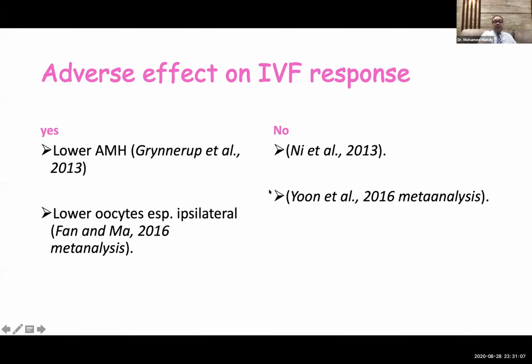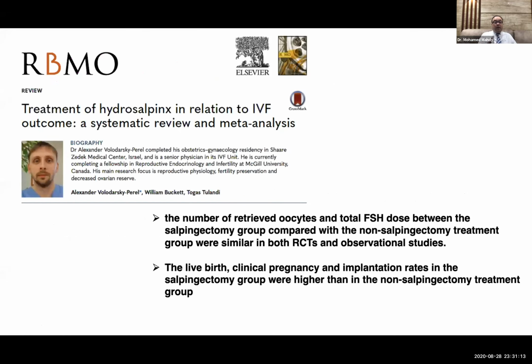One of these was a meta-analysis in 2016. This is a recent meta-analysis in 2019. It showed that the number of retrieved oocytes and total FSH dose between the salpingectomy group and non-salpingectomy group were similar. So there is no harmful effect of salpingectomy on the outcome of ICSI.